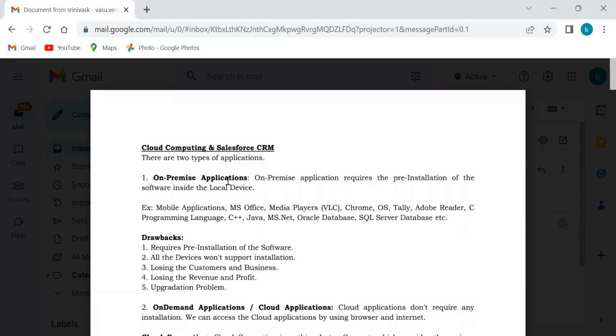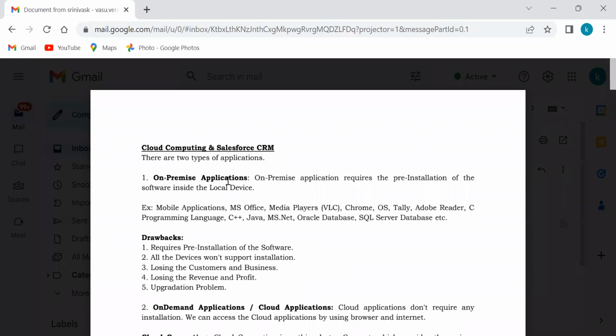You all use laptops, desktops and mobile phones with many applications, like MS Office, media players, Adobe Reader, and programming languages for practice. You might have installed C, C++, Java, or databases like Oracle and SQL Server. All these are on-premise applications, because without installing the software, you cannot use them.